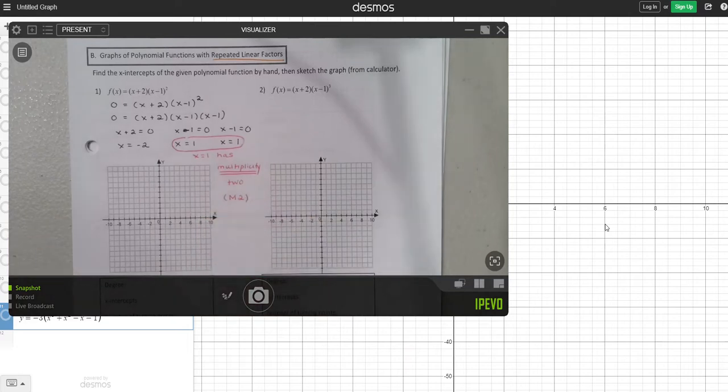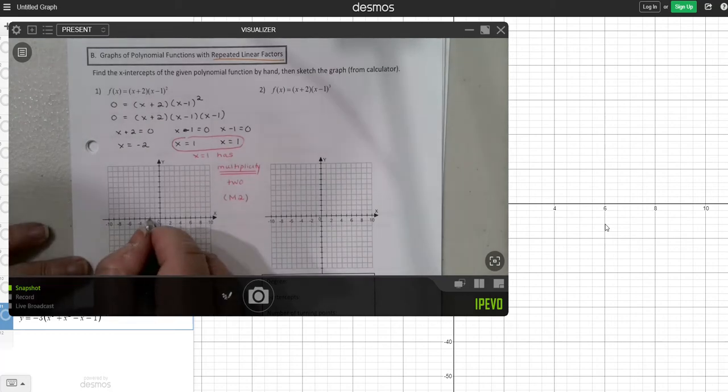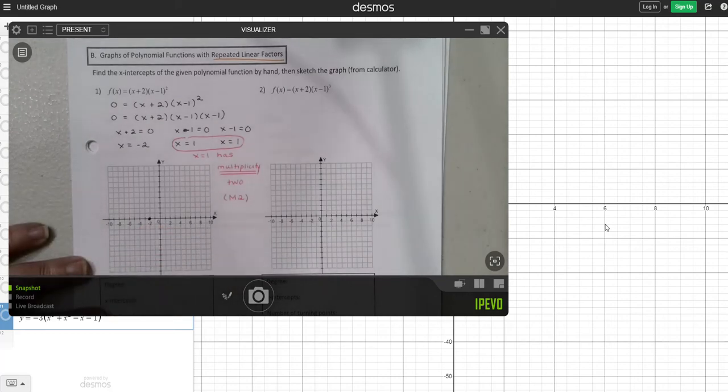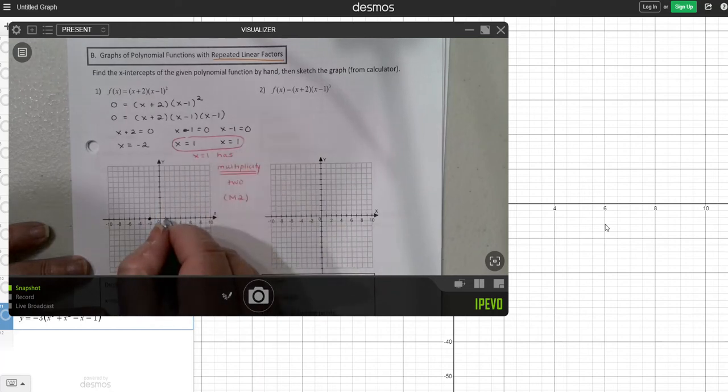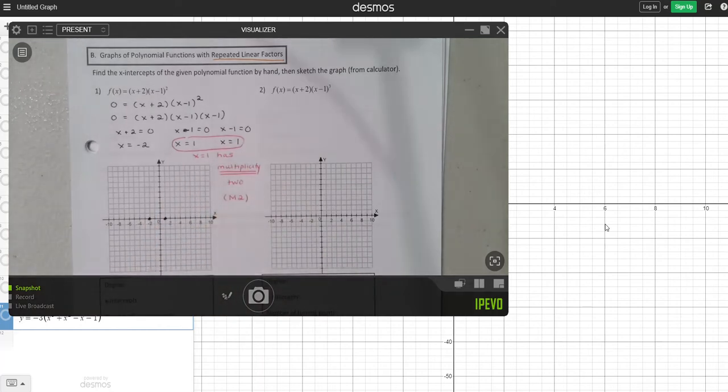I'm going to say the multiplicity of that is 2. We want to investigate what multiplicity does to the shape of our graph. So, first of all, I know I've got negative 2 as one of my zeros, or x-intercepts, and 1 as another one. I'm really interested in that one because of its multiplicity.